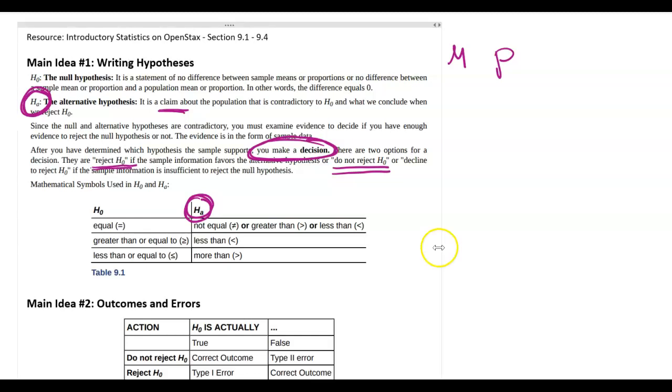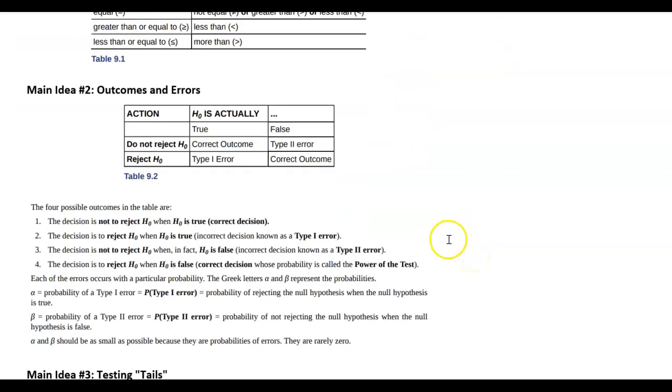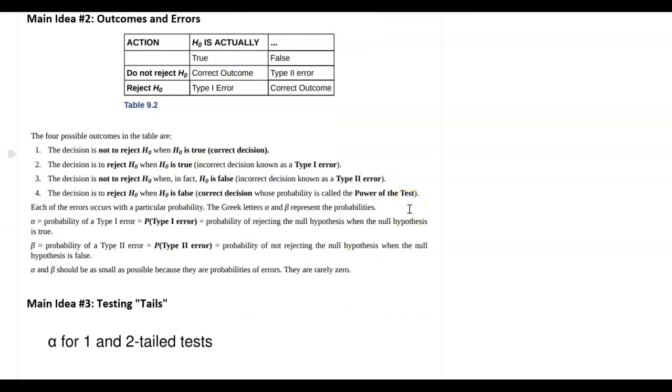So it just depends on your text and what the signage is there for H0 or for your null hypothesis. Now we have 4 different possible outcomes in our decision making. If we decide to not reject H0 and H0 is true, then that is the correct thing. If we decide to reject H0 when H0 is false, then that is also the correct thing.